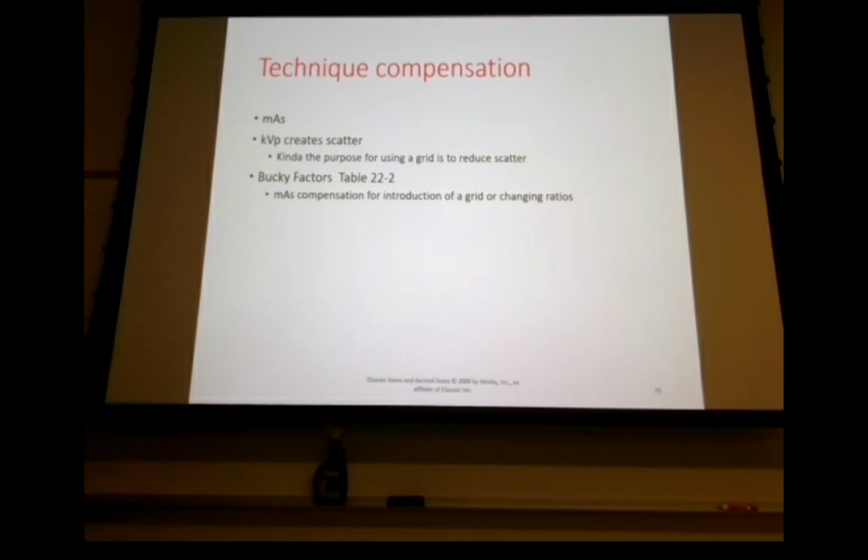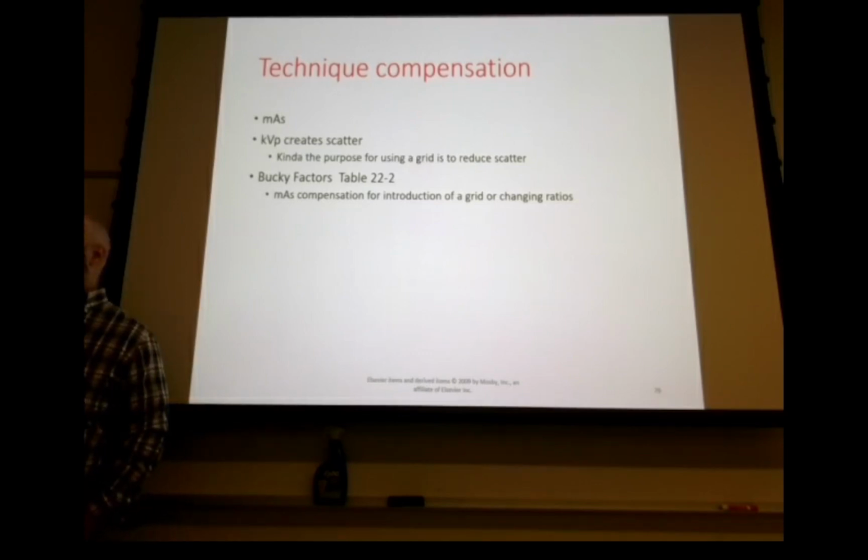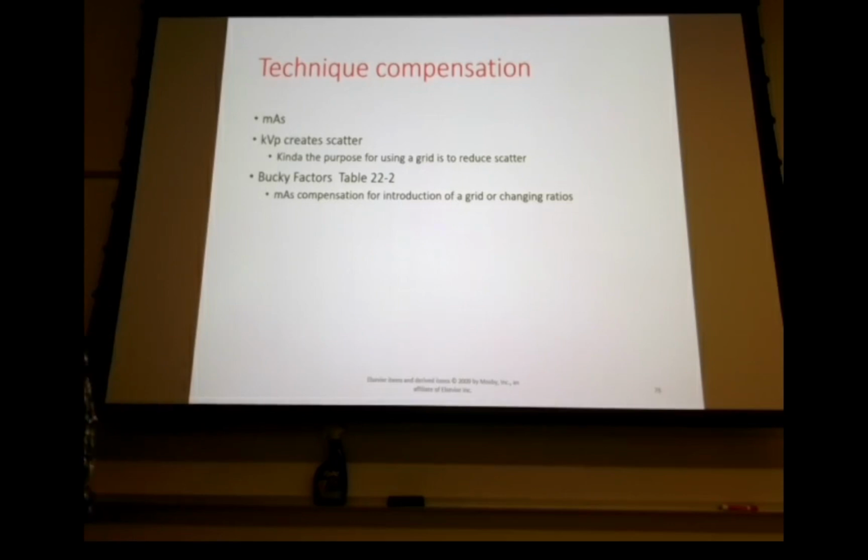Let's say you add an 8-to-1 grid, you had the perfect technique at, let's say, 85 kVp at 3 mAs. What are you going to have to do? You're going to have to increase your mass, right? On the test, I'm going to give you the Bucky factor. It's on the back page, somewhere on the test.